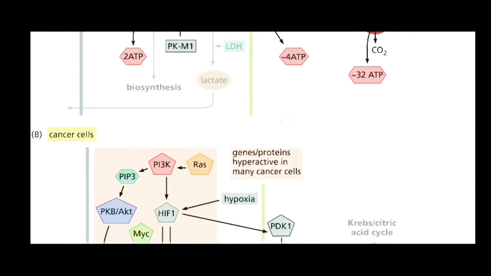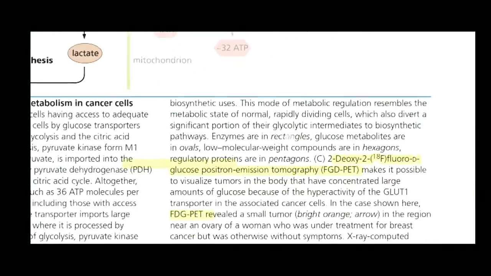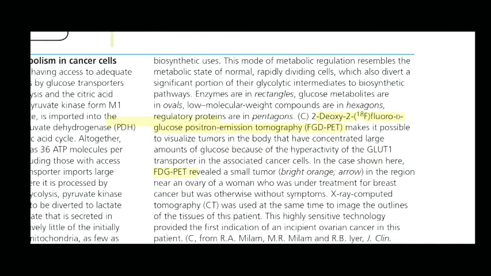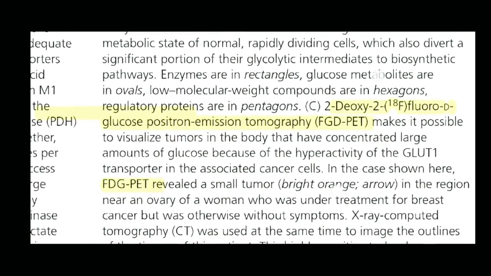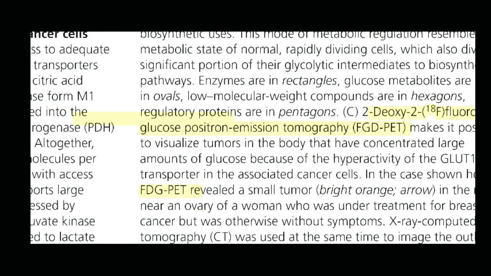And this basic concept helps clinicians and pathologists to detect cancer. For example, a secondary tumor can be detected by using this technique. This is the FDG-PET, the fluorodeoxyglucose positron emission tomography, which utilizes fluoroglucose molecules that are given to the patients.